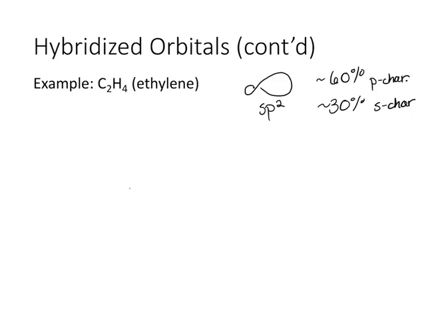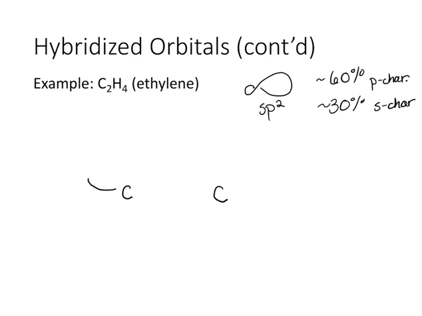Okay, so we've got our 2 carbons in our ethylene compound, and they each have 3 sp2 hybrid orbitals. Now, those hybrid orbitals are going to try to get as far apart from each other as possible, so they'll have about 120 degrees between them.